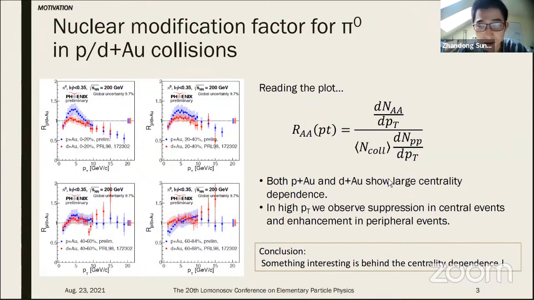At high pT, we saw a large centrality dependence, and especially at high pT, we observed suppression in central events and enhancement in peripheral events, which is not what we expected. So there must be some explanation behind the centrality dependence, either an artifact or some physics behind it.